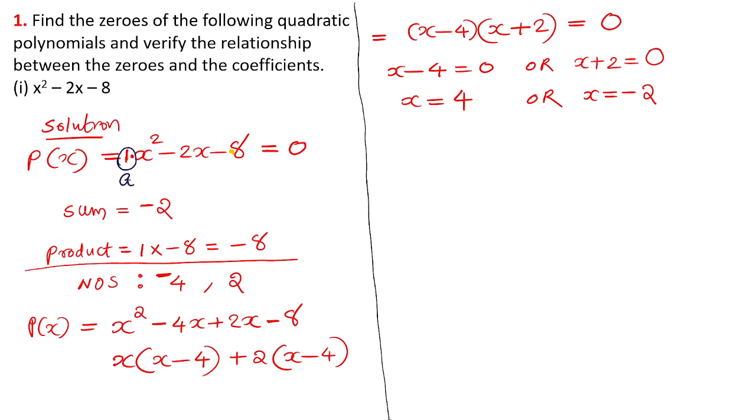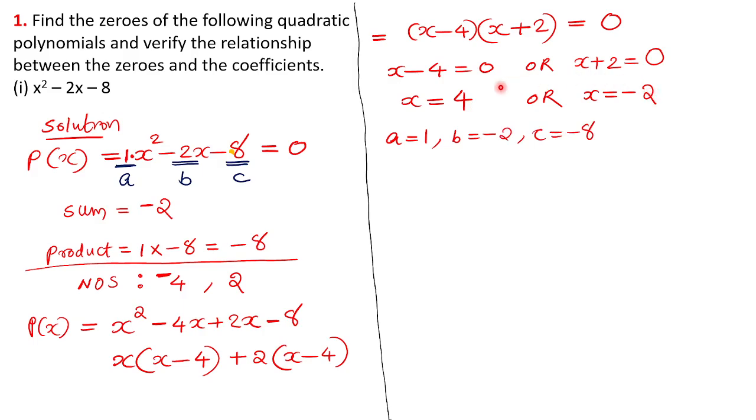This is a, and this is b, and this is c. A equal to 1, b equal to minus 2, and c equal to minus 8.